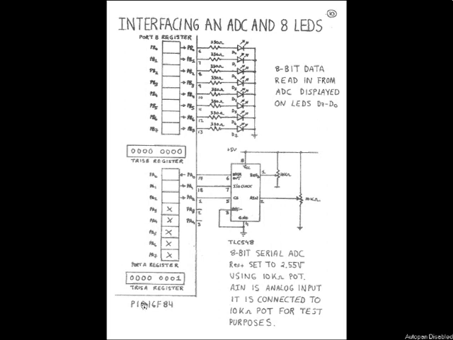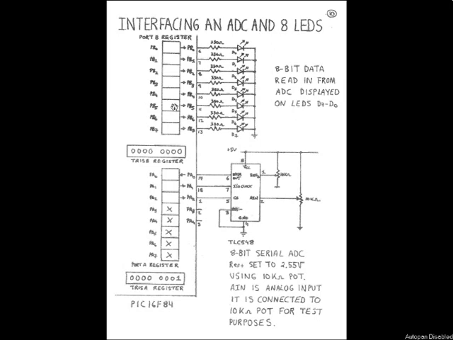We can see it's a PIC16F84 microcontroller, and inside it we've got 2 ports. We've got port A, and here's the port A register. We've got the tris A register, which is associated with the port A register. So port A has 2 registers, tris A and port A. We've also got port B, which also has 2 registers, the tris B register and the port B register.